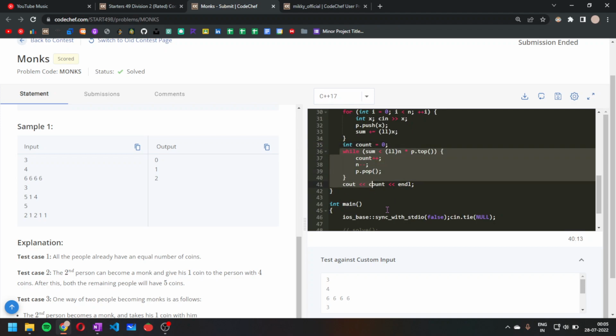I'm using a while loop while the sum is less than the total number of persons times p dot top.